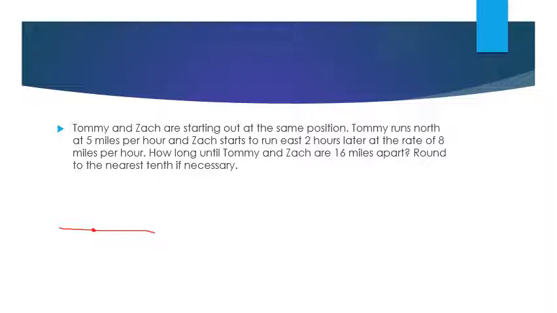Tommy runs north at 5 miles per hour, and Zach starts to run east 2 hours later at the rate of 8 miles per hour. How long until Tommy and Zach are 16 miles apart? Well, do you remember that distance equals rate times time, right?